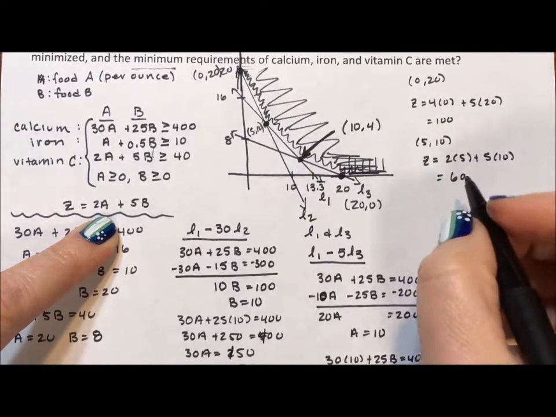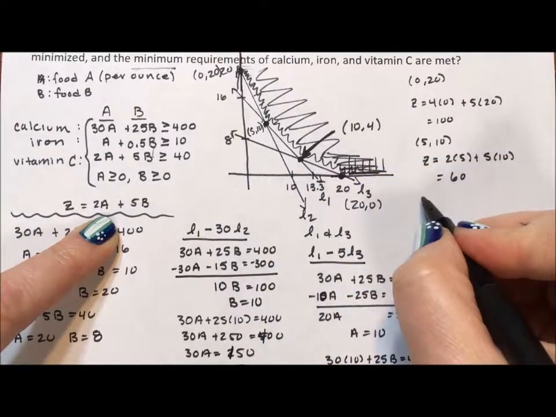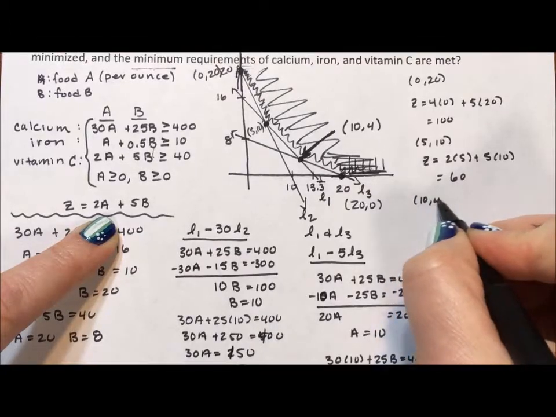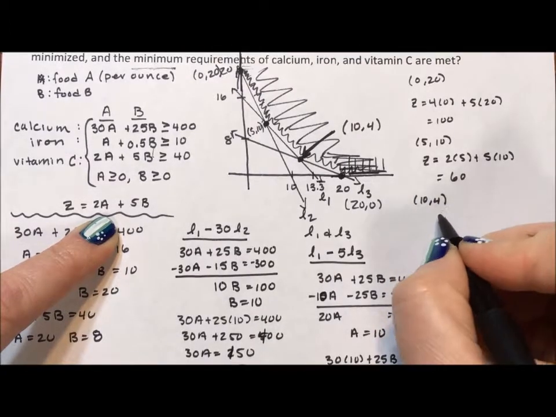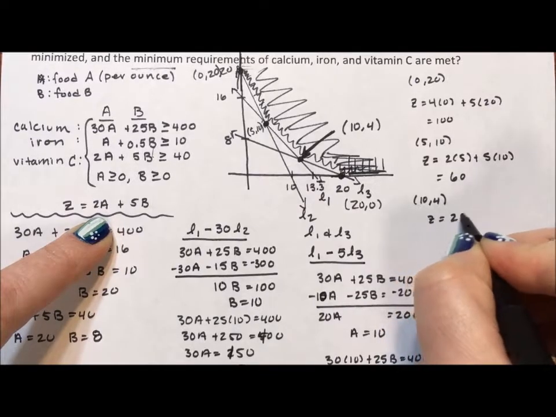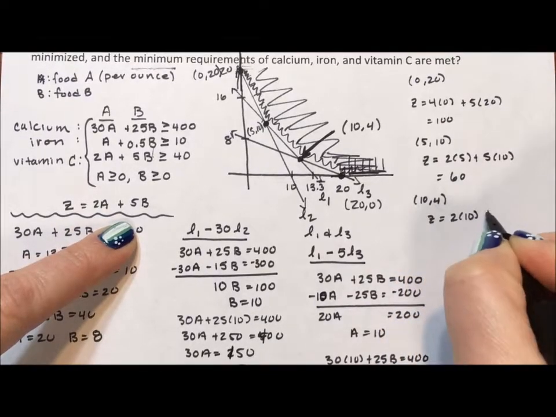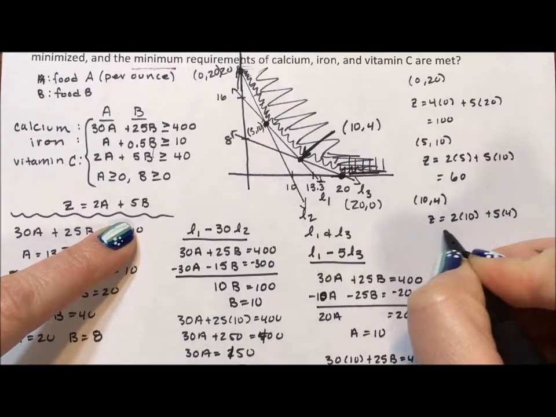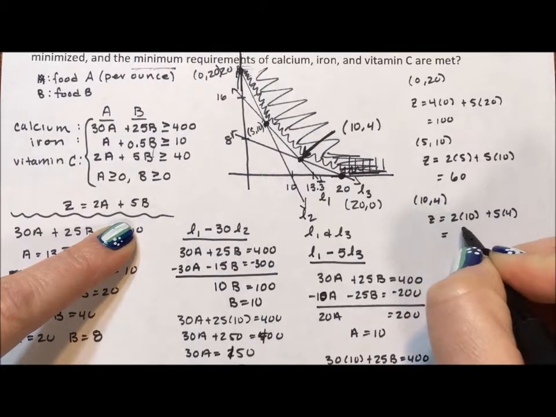If I test my third point, which is 10, 4, I get that z will equal 2 times 10 plus 5 times 4, 20, 30, 40.